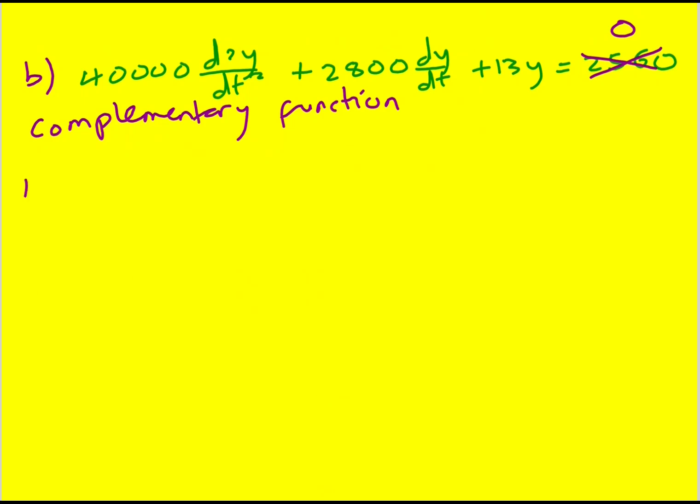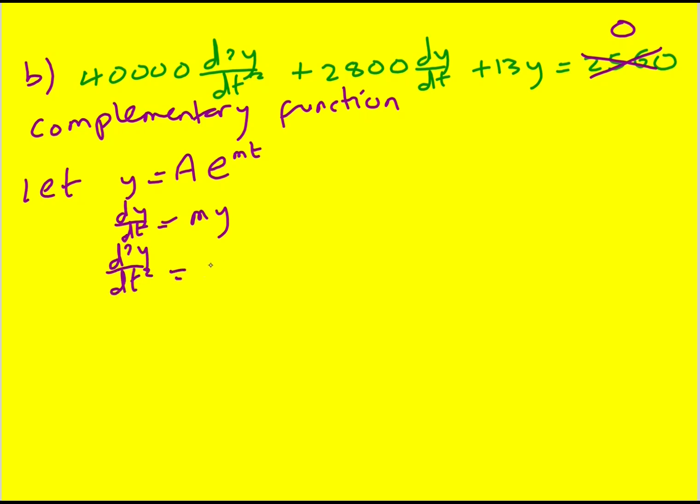And the method is to let y equal a constant times e to the mt. You differentiate to then give dy by dt equal to my, and the second derivative is then going to be m squared y. We can then sub that in and basically divide through by y, and it leaves us with 40,000 m squared.